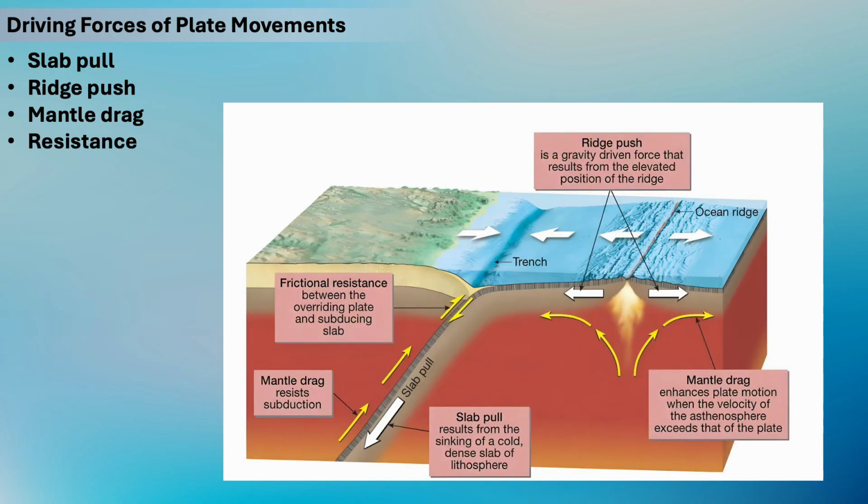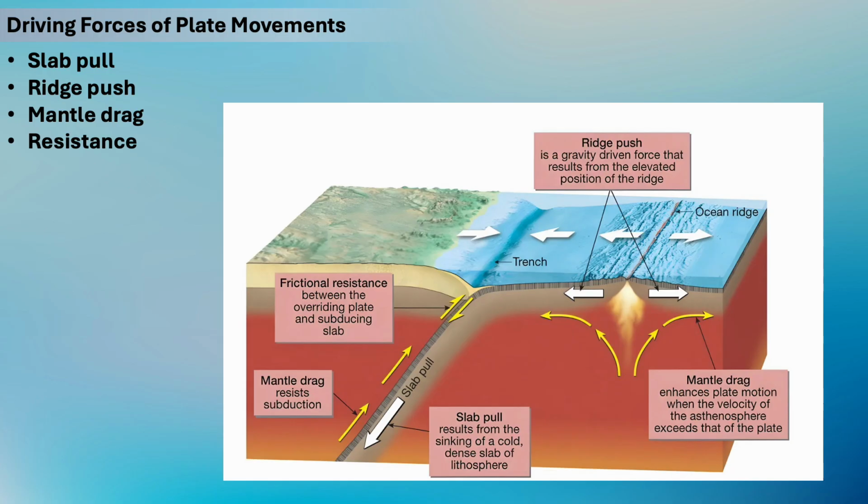Now that we understand how plates move geometrically, we can ask a more fundamental question. What actually causes the plates to move? Plate motion results from a balance between forces that drive motion and forces that resist it. The strongest driving force is slab pull.